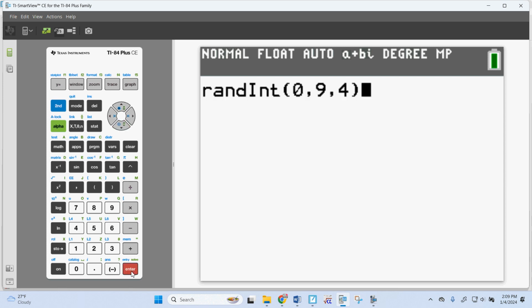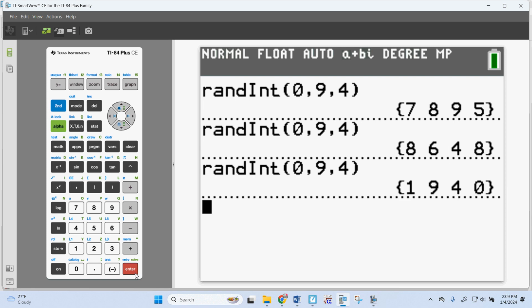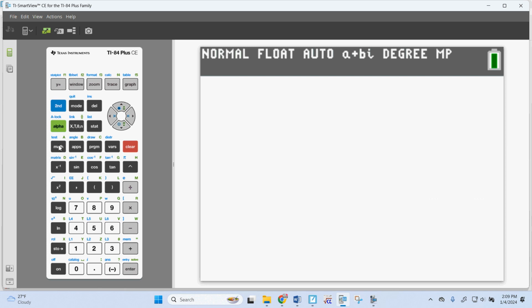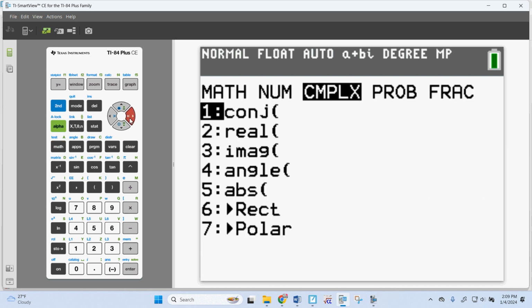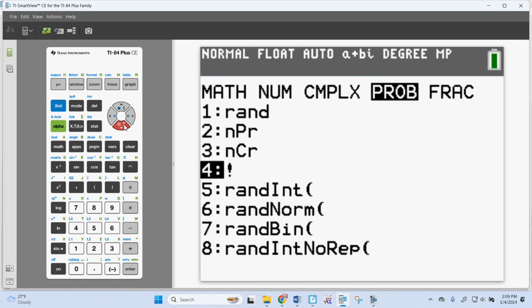We could do this. Now, if you do that, it's possible you could get a repeat. Because we don't want to use repeats, if you don't have this next thing on your calculator or on your phone calculator, just hit it many times until you don't have repeats. Or you can go down here to no repeat.